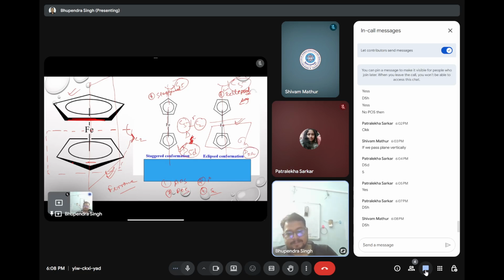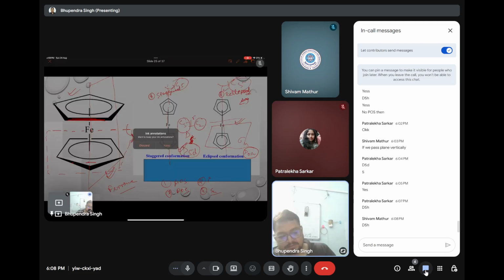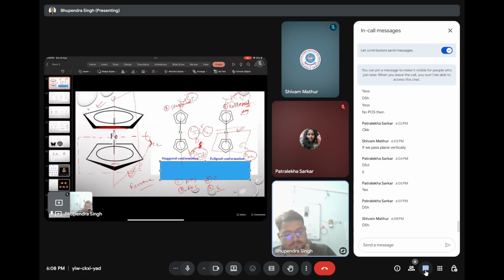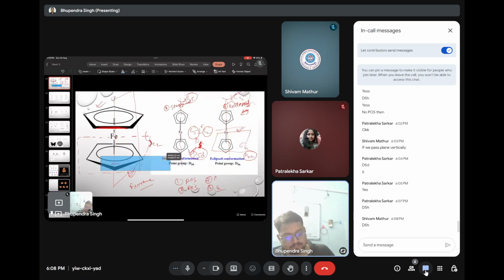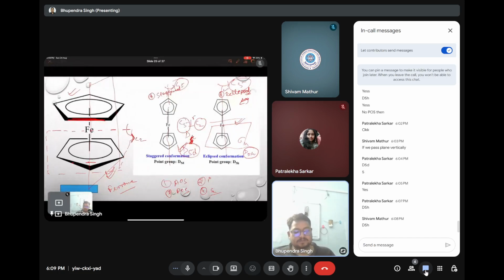You have found the correct point group of the molecule for both the forms, eclipsed and staggered. So the staggered form is D5d and the eclipsed form is D5h.